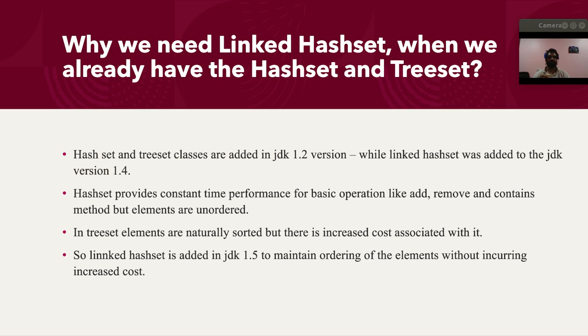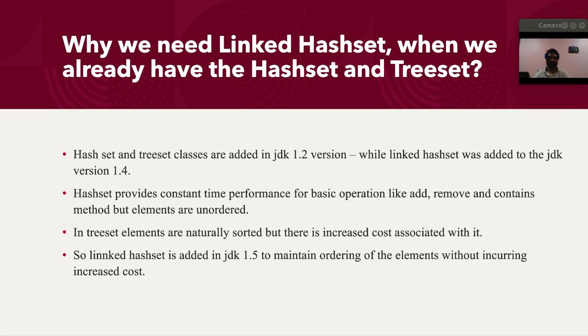So let's discuss this. The hash set provides constant time performance for basic operations like adding, removing, and calling the contains method to check whether any element is present or not. But the elements are unordered. So the hash set has good performance for adding and removing an element, but the elements are unordered.